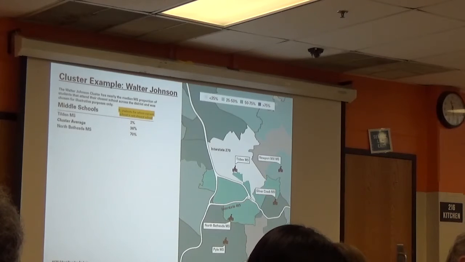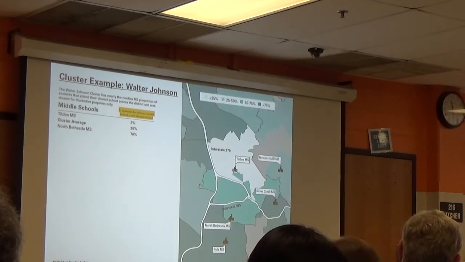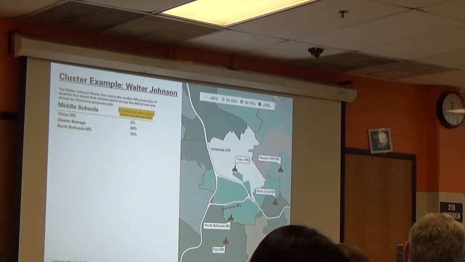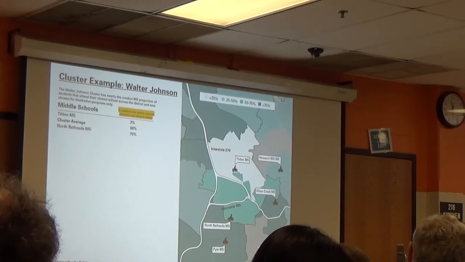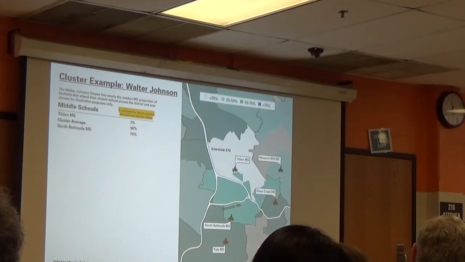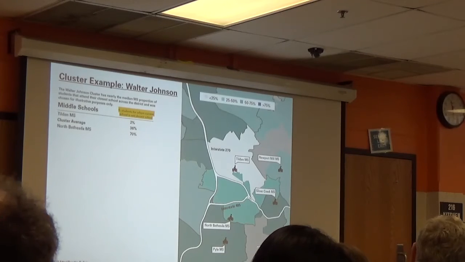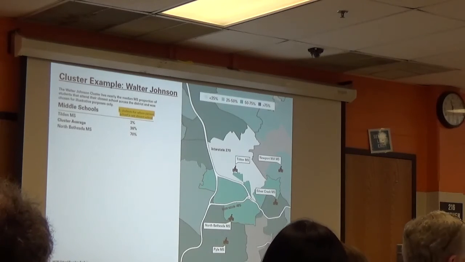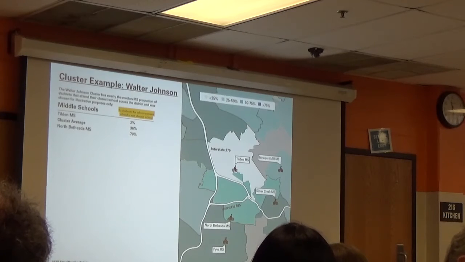So that darkest color, that darkest blue-green, means more than 75% of students are not closest to their nearest school. And that is based on road distances. Obviously, we're not looking at time, and there are some things like highways that are in the way, so this is not perfect calculus, but it is an accessible snapshot.